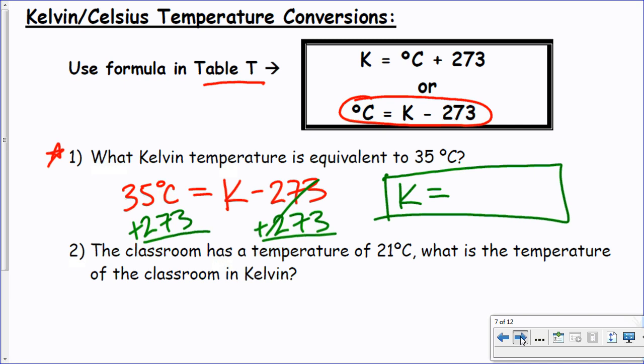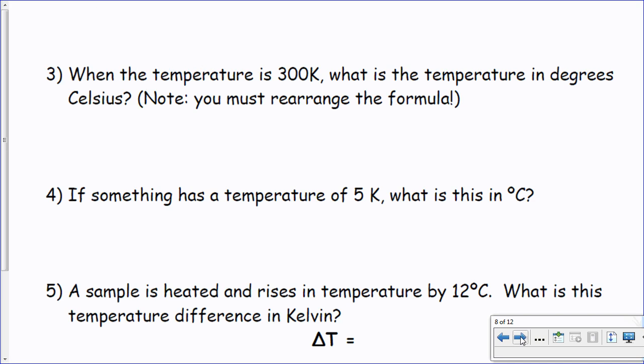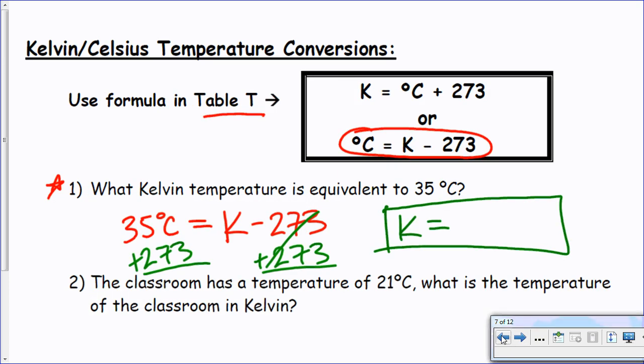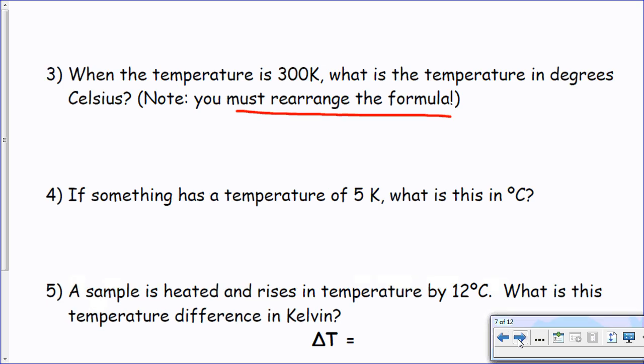Now, question 3, which we'll be doing with you, is a little bit different because you have to rearrange the formula. So we're starting when the temperature is 300 K. What's the temperature in degrees Celsius? You got to rearrange the formula. So our formula was rearranged into this. Kelvin equals degrees Celsius plus 273.